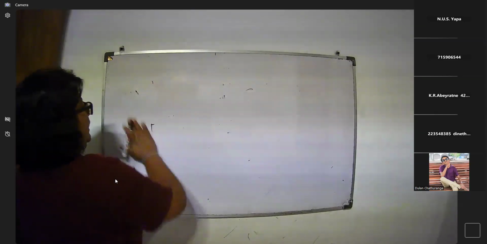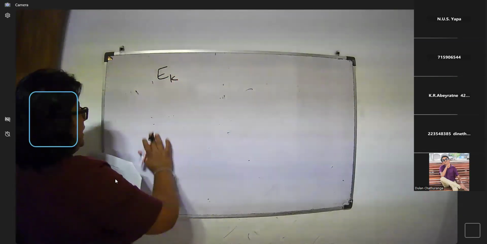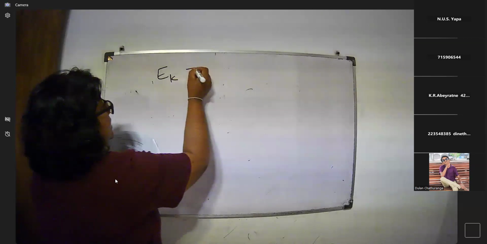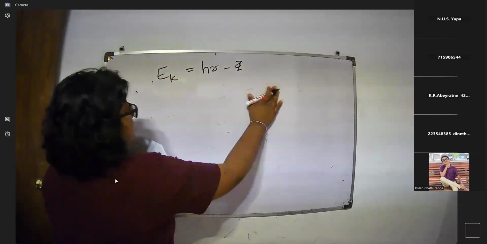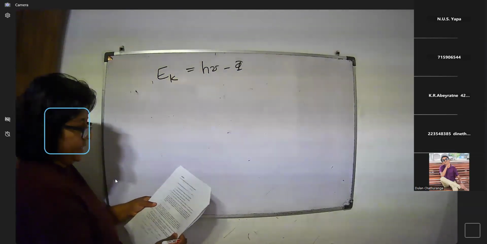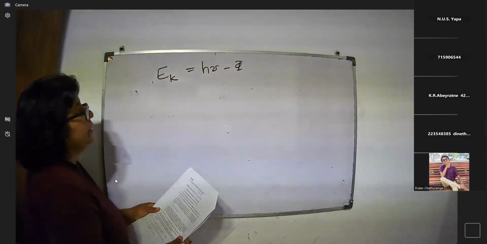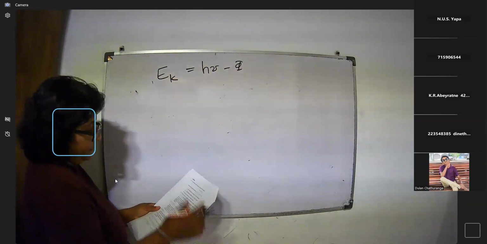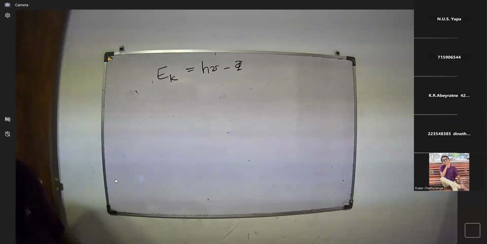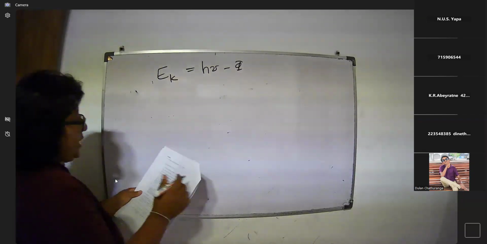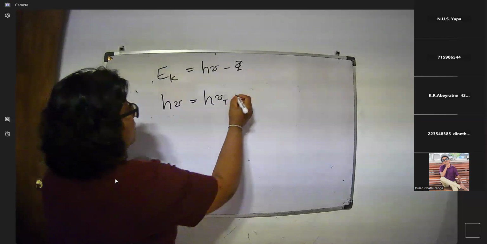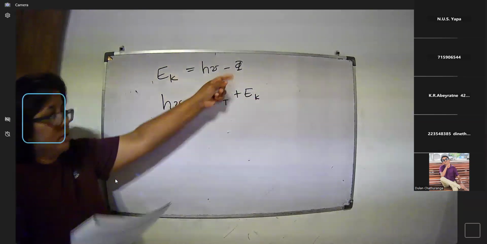In the photoelectric effect equation, we can write EK maximum, the maximum kinetic energy, equal to h nu minus phi, where phi is the work function.